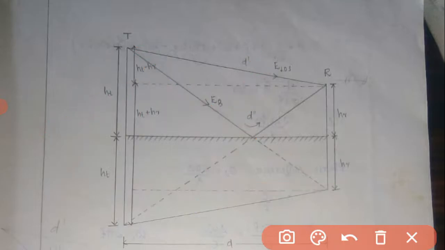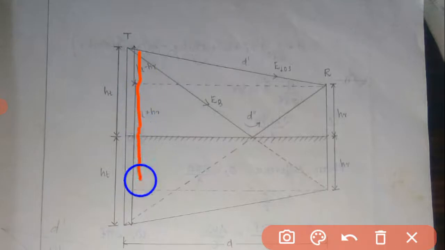So we know the value of the adjacent side and the opposite side. Then by using the Pythagoras theorem we have to find D double dash.